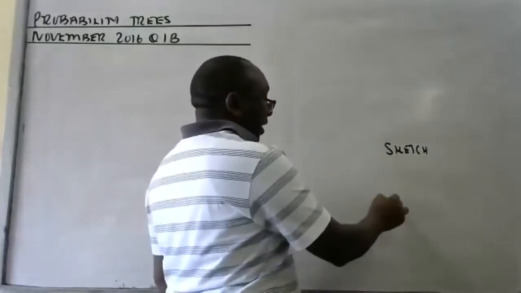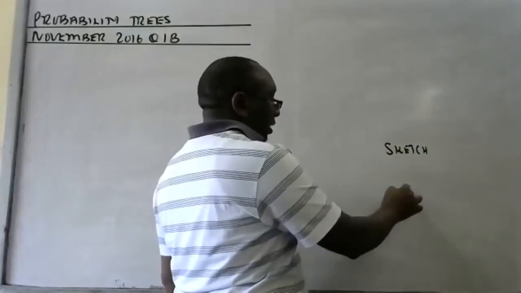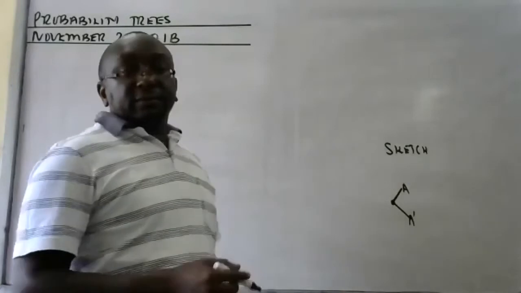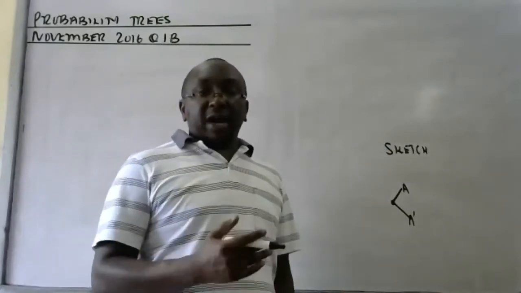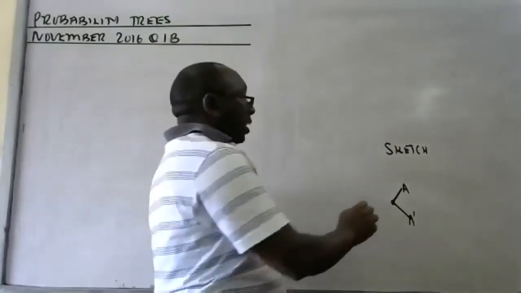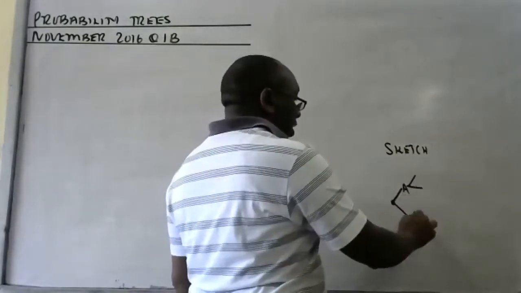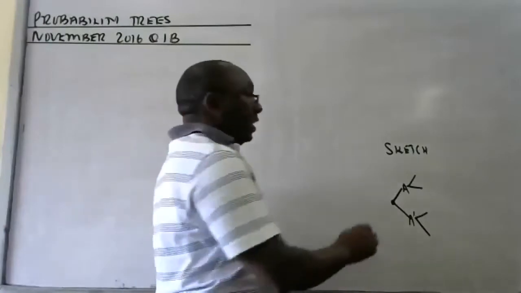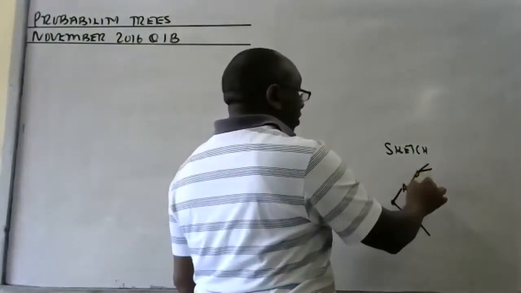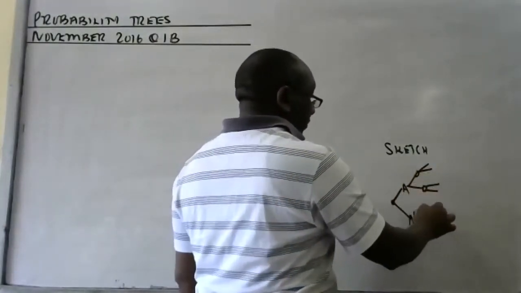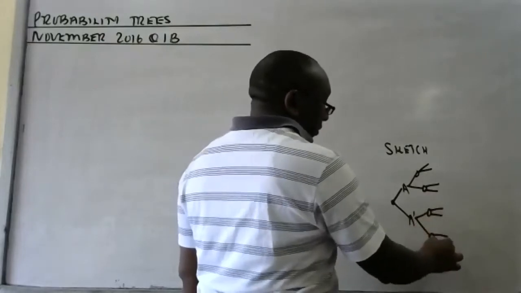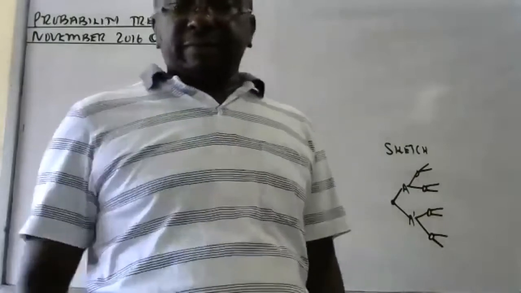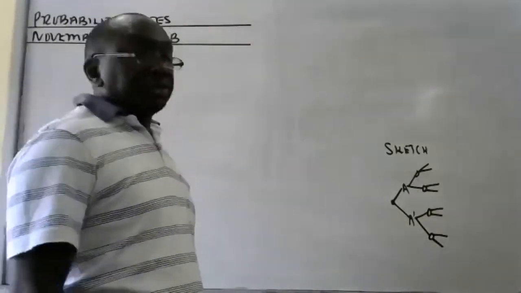That will be analyzed like this. It is either you have A or you don't have A. Then you have B or you don't have B. And then you have C or you don't have C. That is how it is done as a sketch.